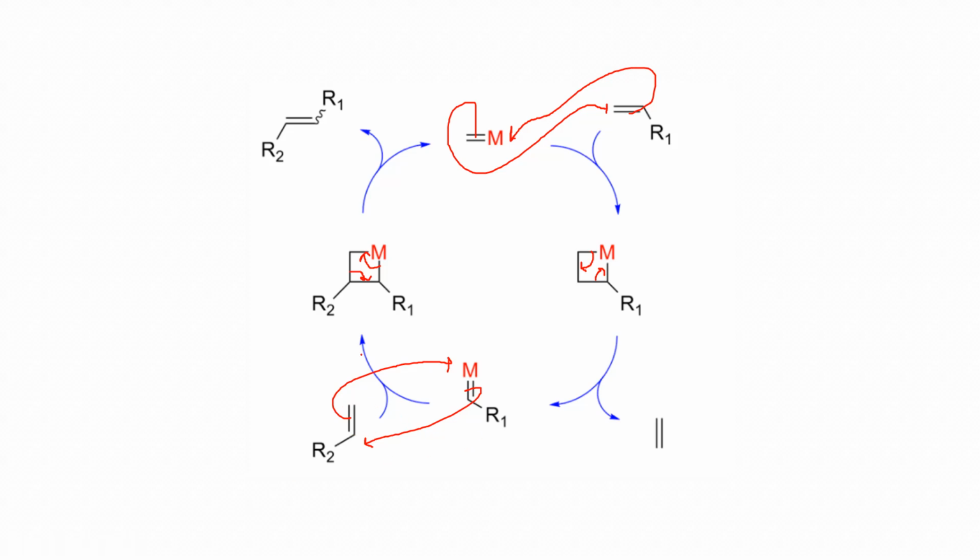After that it undergoes metathesis, forming this metallacycle, and followed by coupling with another alkene, it will form this alkene compound. So by using this Grubbs catalyst we can couple two alkenes to form a single alkene.